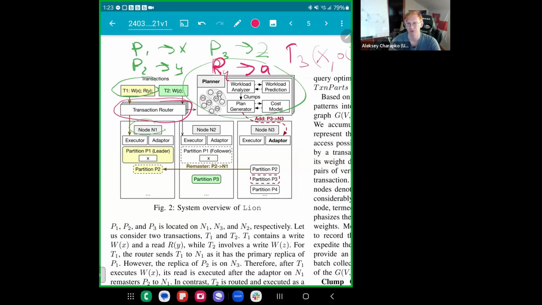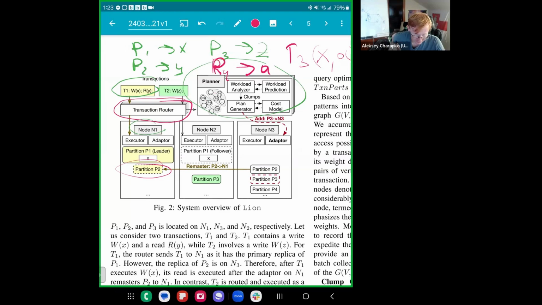Because I sent the previous transaction here, so probably it was remastered. Most likely, this is going to be the new leader now. So I'm going to send all of the similar transactions to the same machine if possible. Right. Obviously, you can overload the same machine, but arguably it's still better than the two-phase commit because then you can overload more than one machine.